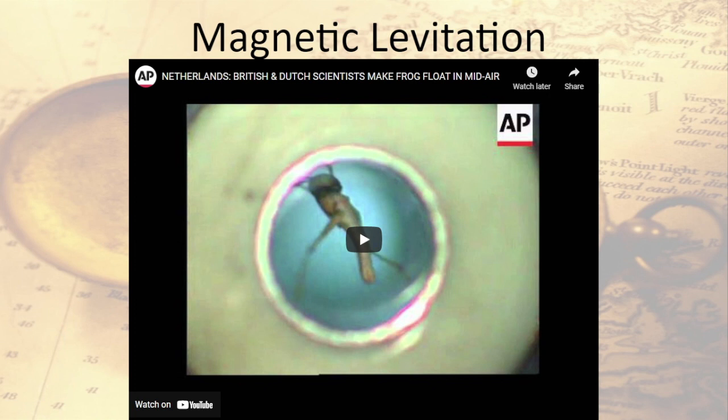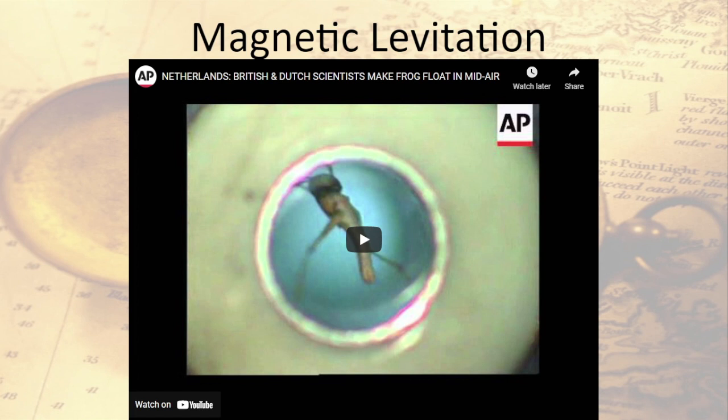which they put these objects in a very, very strong magnetic field. This magnetic field was so strong that it was able to make those electrons inside those materials, so those frogs and grasshoppers, because we know that those frogs and grasshoppers are made up of atoms, and atoms have electrons.